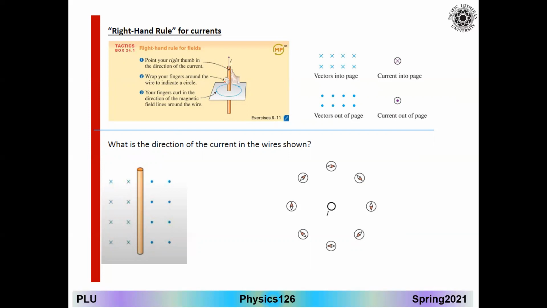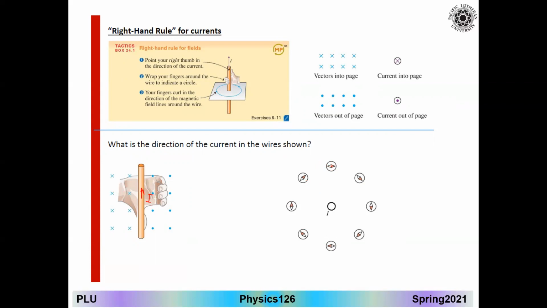Since I have the magnetic field, I need my fingers to point out on the right side of the wire. If I apply the rule, I find that when I point my right thumb down, that fits my situation, where the dot indicates the field comes out and the X indicates it goes in. So basically, the current goes in this direction.